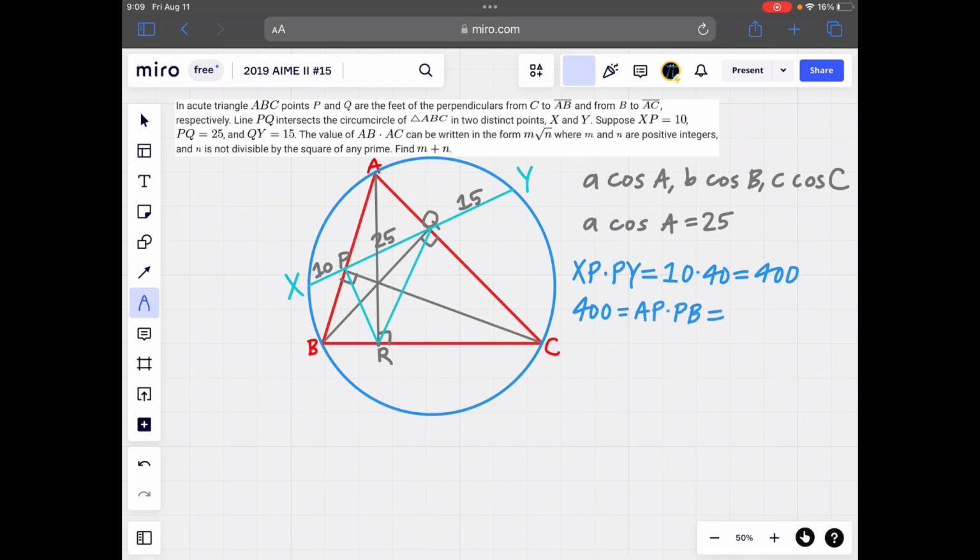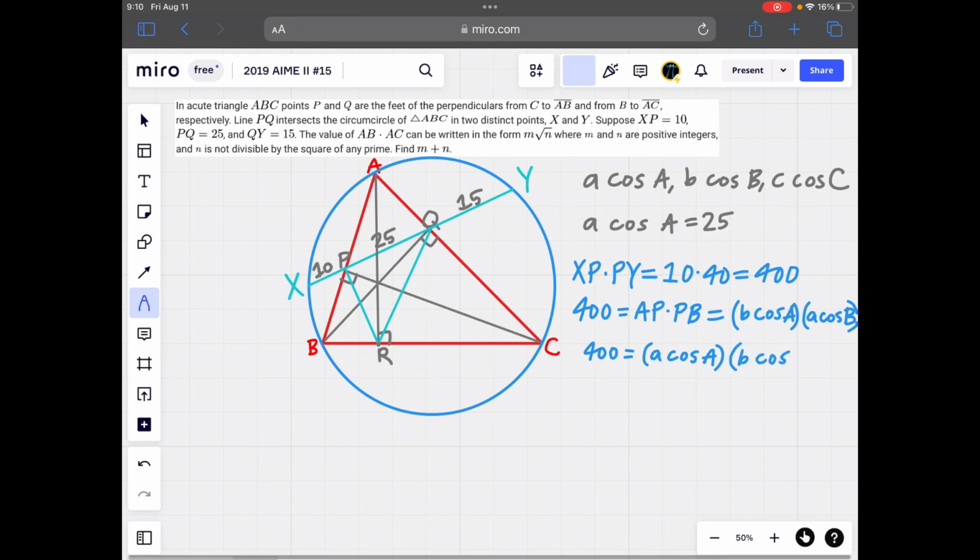Now, 400 equals AP times PB. And we can express this in terms of the sides of ABC and the angles of ABC. For AP, if you use right triangle APC, you'll see that AP is equal to AC times the cosine of angle A. And that's just b cosine A. And PB is just BC times the cosine of angle B, which is just a cosine B. So we have 400 equals b cosine A times a cosine B, which can be rearranged into a cosine A times b cosine B. And we know a cosine A is 25.